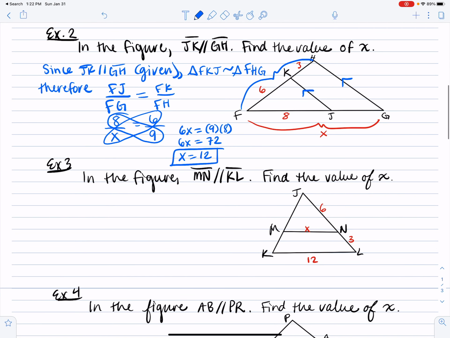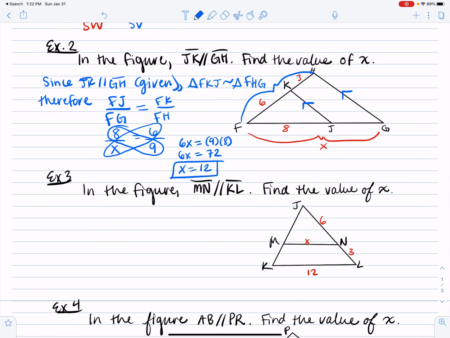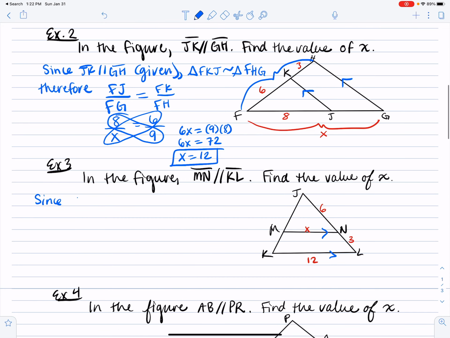Okay, example 3. In the figure, same sort of thing. MN is parallel to KL, so I'm going to draw that in here. Find the value of x. All right, in this case, we're going to write, since MN is parallel to KL, which is given, we can say that, looking at the smaller triangle, JNM is similar to JLK.